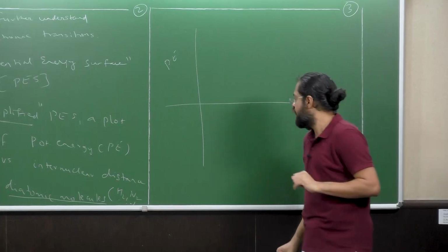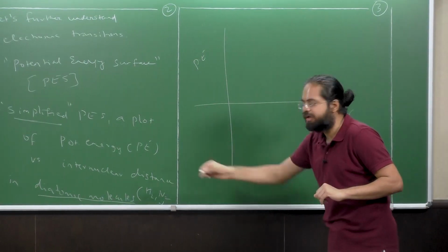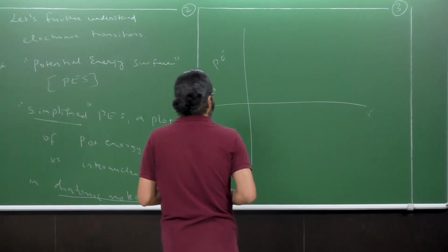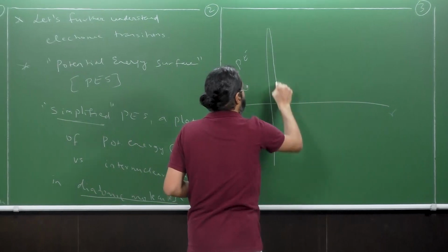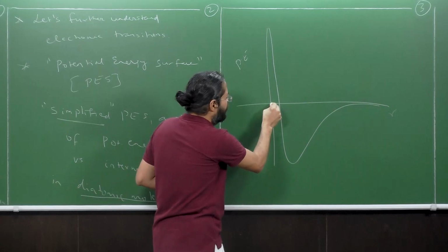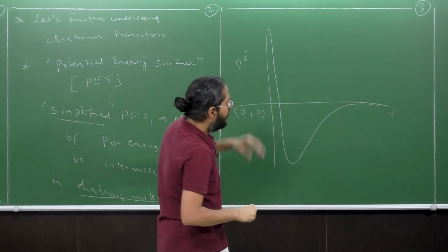So this is the potential energy versus R for a general diatomic molecule. The general shape of the curve is of this form, and this is chosen to be some random origin, 0, 0, along this distance.